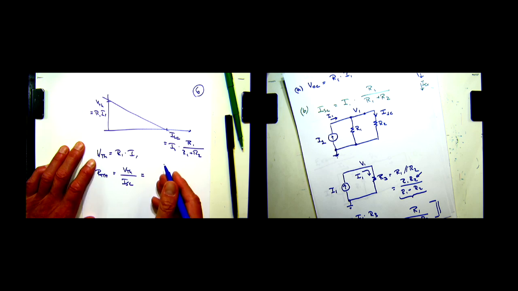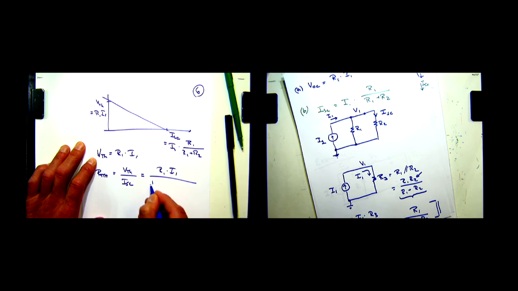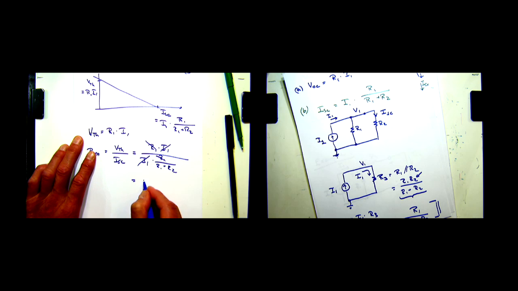So it's going to be equal to R1 I1 divided by I1 times R1 over R1 plus R2. Well, this looks complicated, but fortunately almost everything drops out, and this is actually equal to R1 plus R2.